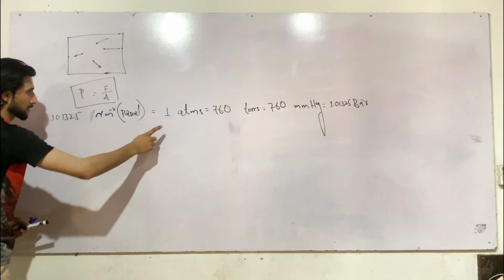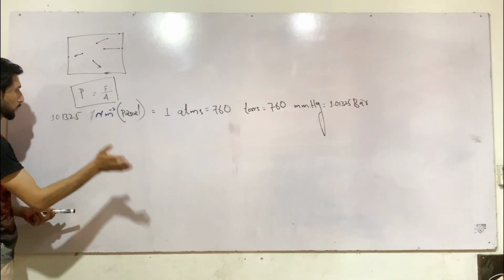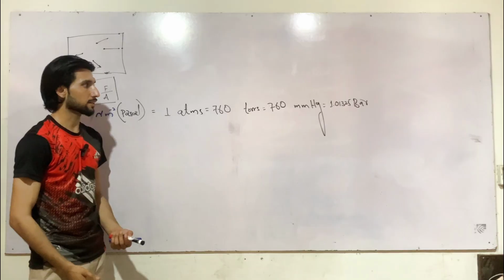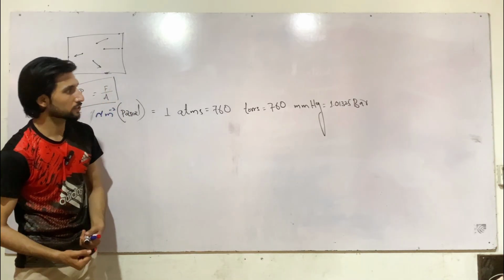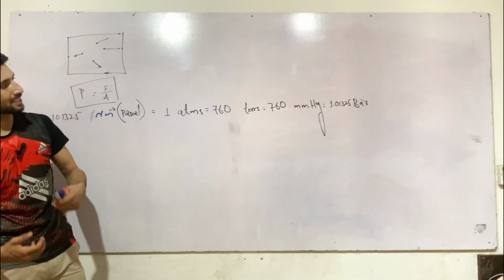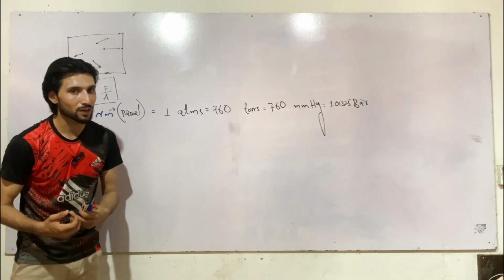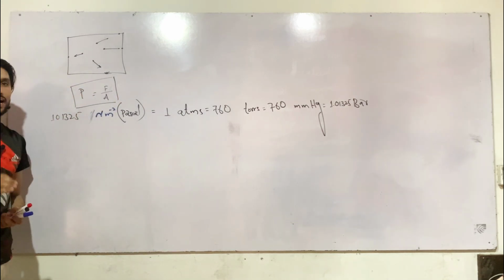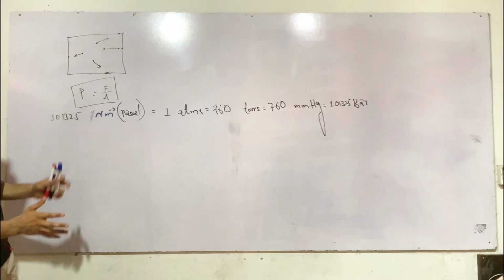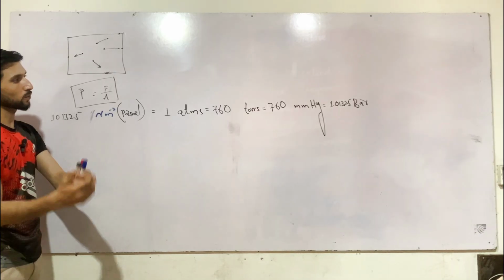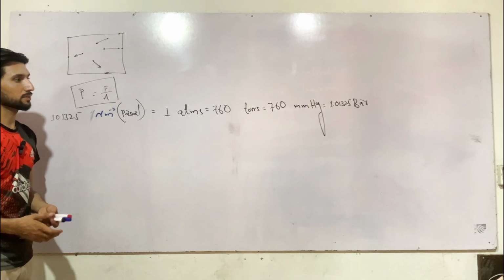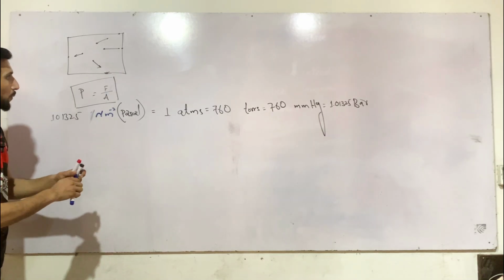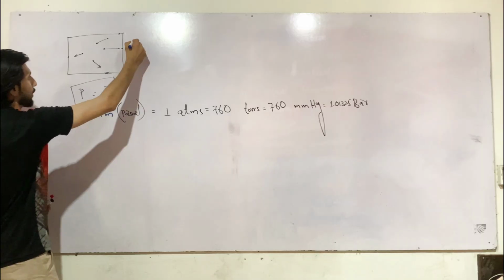So 1 atmosphere of pressure equals 101325 pascals, or 760 torrs, or 760 millimeters of Hg, or 1.01325 bars. So this is the relation between the units, and it was necessary for me to clarify this before I go forward and discuss other laws of gases. So this was about pressure, and now we are done with the pressure of the gas.